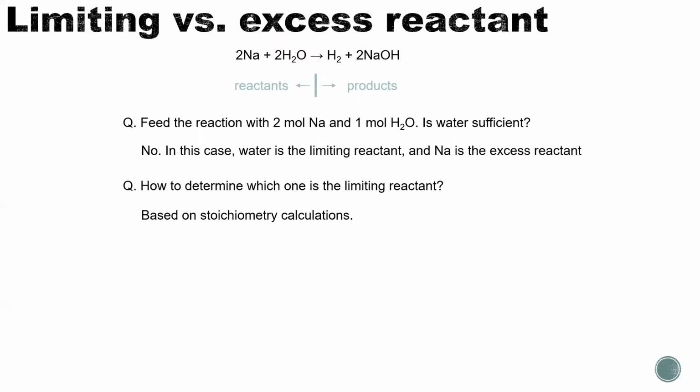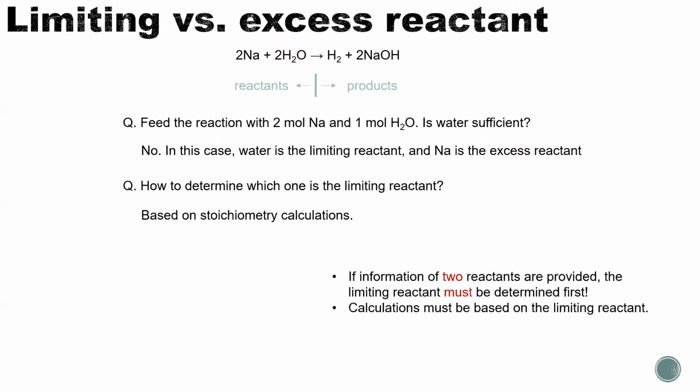Determining the limiting reactant is very important. If information on 2 reactants is provided, the limiting reactant must be determined first, because all the stoichiometry calculations need to be based on the limiting reactant, not the excess reactant. We want you to have the correct answer, not the wrong answer.